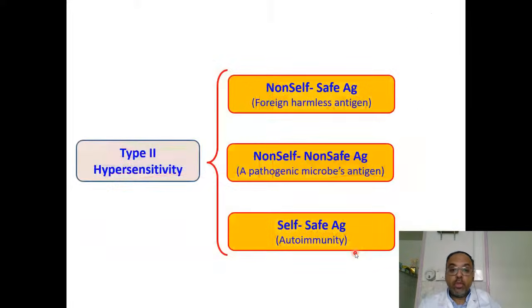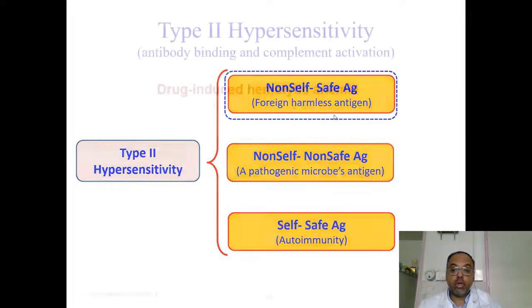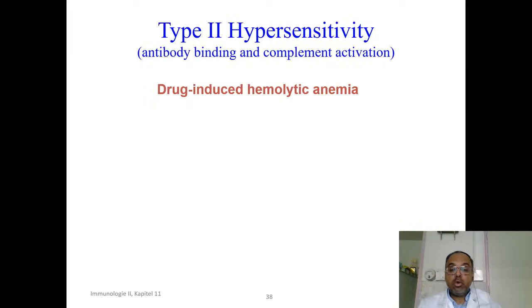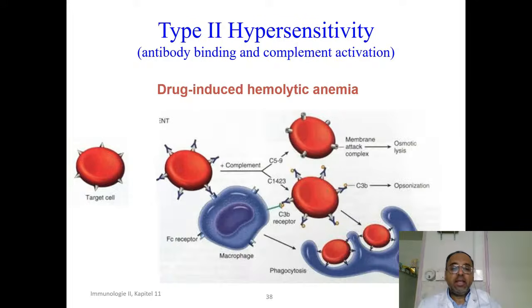So I want to show you examples for each one of them. So can type 2 hypersensitivity be against foreign harmless antigens, non-self antigens which are safe? We're going to start from this one. Well, I'm going to show you an example of type 2 hypersensitivity which is against a harmless foreign entity.